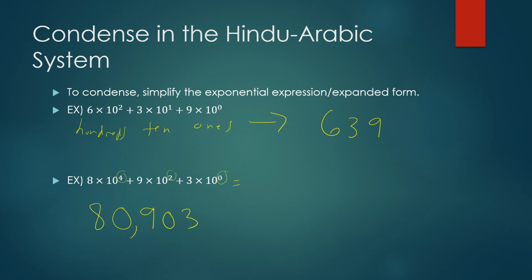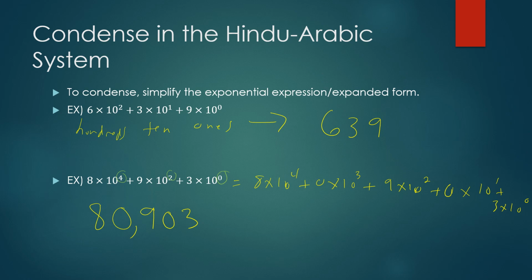You can always rewrite this, including the missing place values. So 8 times 10 to the 4th plus 0 times 10 cubed plus 9 times 10 squared plus 0 times 10 to the 1st plus 3 times 10 to the 0.